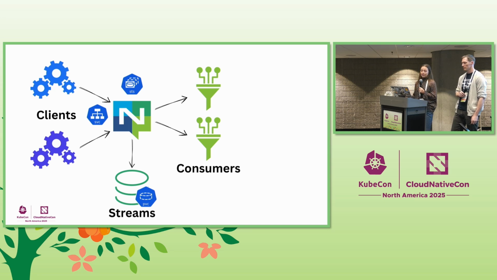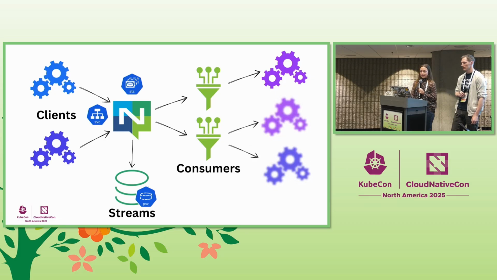We can configure our consumers to access a subset of that data and then feed that into whatever service it might be tied to. You can also have more than one consumer on the same subject and more than one service tied to one consumer. And so we can follow many of the standard event-driven architecture patterns, including fan-in, fan-out, and Saga.